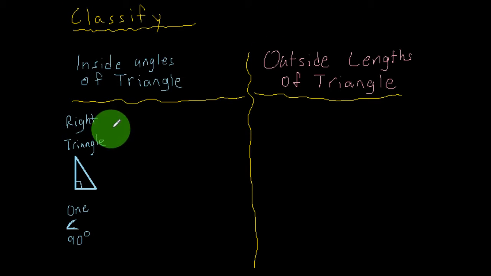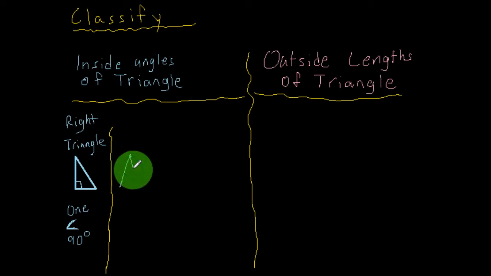Let's move on and look at another type of triangle. So this time when I draw this triangle, I'm going to say that all of the angle measures are less than 90 degrees. So all angles, here's my angle symbol, I'm going to do apostrophe S because all of them are less than 90 degrees.